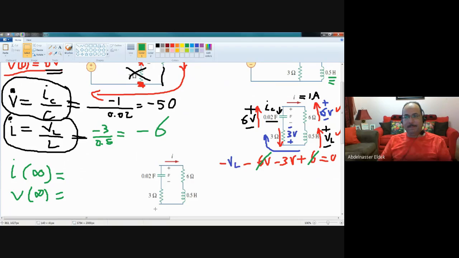No. So the final values, what do we expect here? The voltage across the capacitor was 6 volt. The current in the inductor is 1 ampere. But in the long term, of course, all this will die because you don't have a source. So it will be 0 and 0. That's it. This one is 0. This one is 0. So this is the solution of this example.